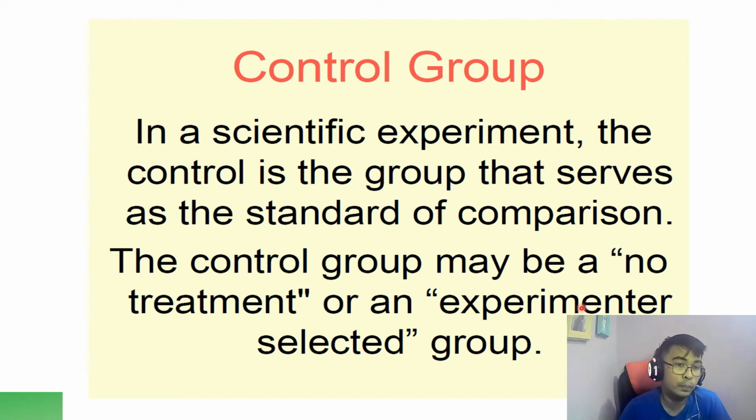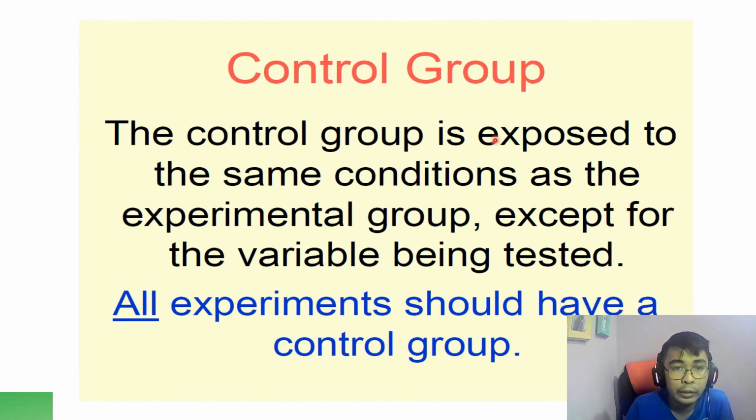So control group, hahayaan mo lang yung grupo na to na na-expose sa natural ng kanilang mga variables. So you will not alter or change yung nararanasan ng grupo. Okay? Again, the purpose of this is for you to have that standard of comparison. The control group is exposed to the same condition as the experimental group, except for the variable being tested.